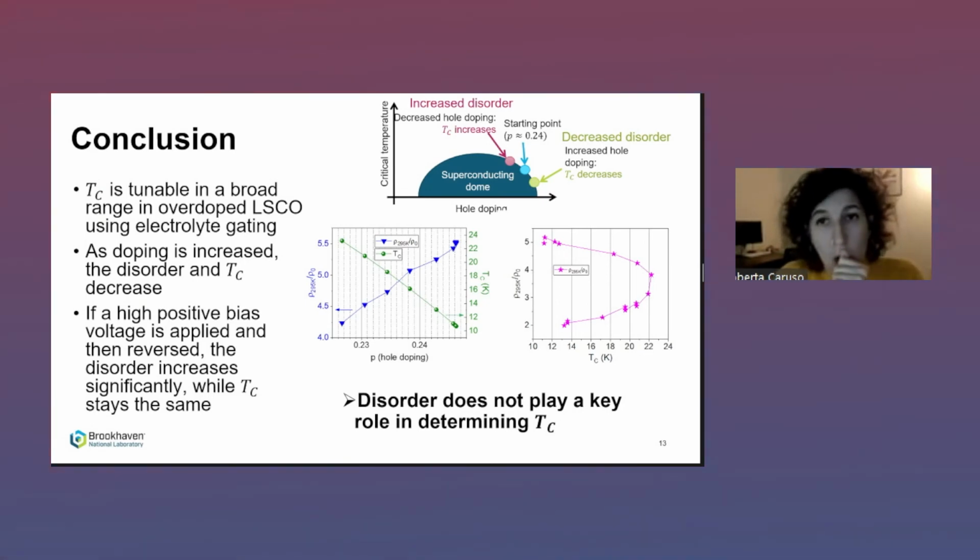We also observe that the disorder, which is qualitatively measured as the residual resistance ratio, is a multi-valued function of the critical temperature, as you can see in the bottom right graph. These two observations support the conclusion that disorder plays a marginal role in the observed critical temperature reduction of the overdoped regime when the hole doping is increased.